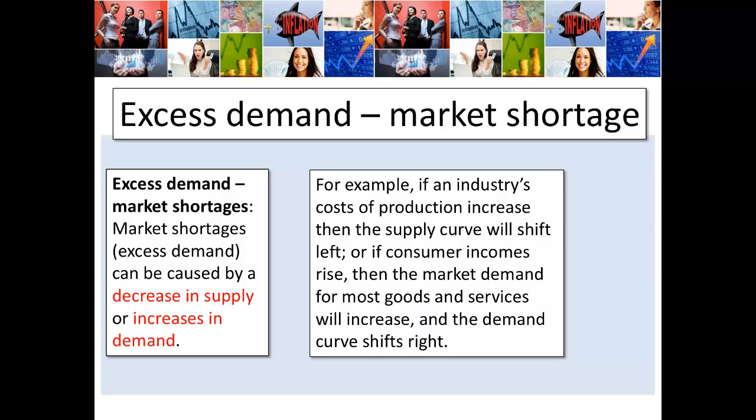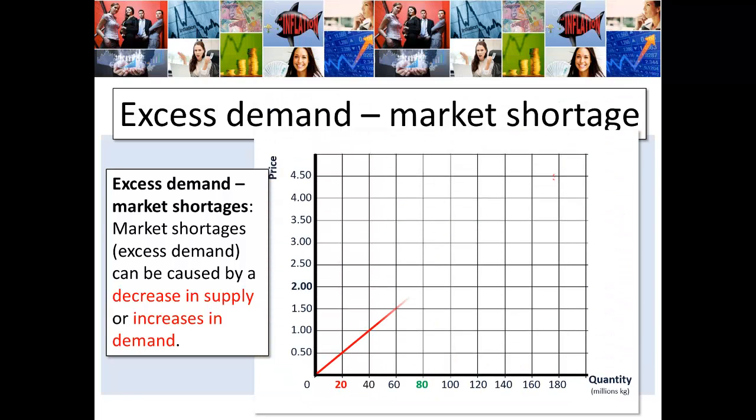Or if consumer incomes rise, then we know from our demand topic that demand for a particular good or service will increase. The demand curve will shift right. Each of these situations will cause a market shortage until the market has time to readjust to a new equilibrium price.